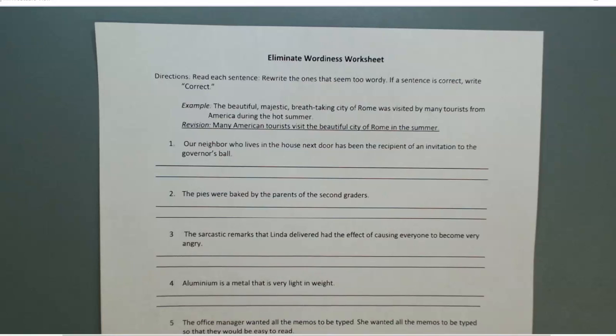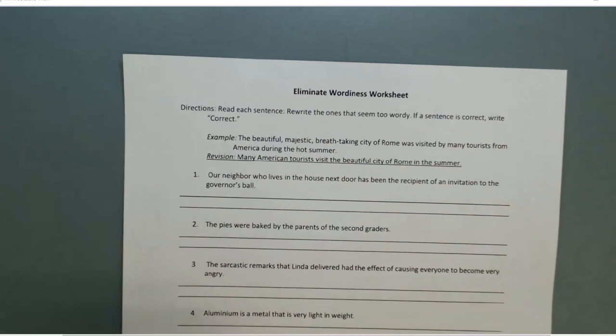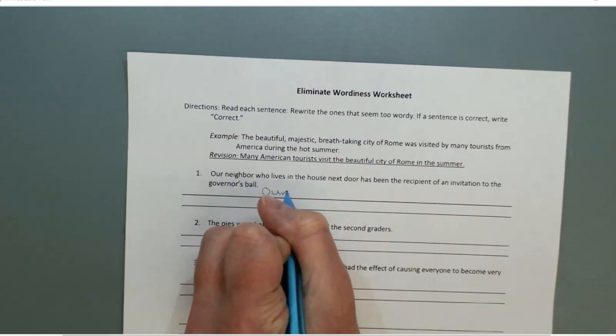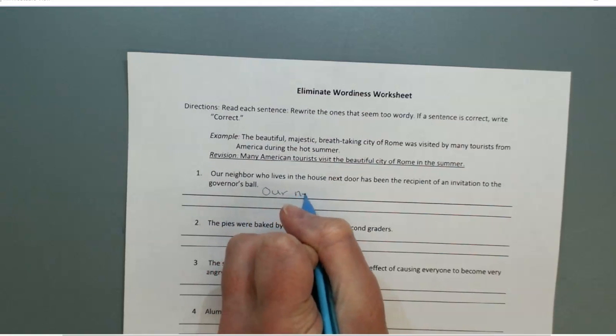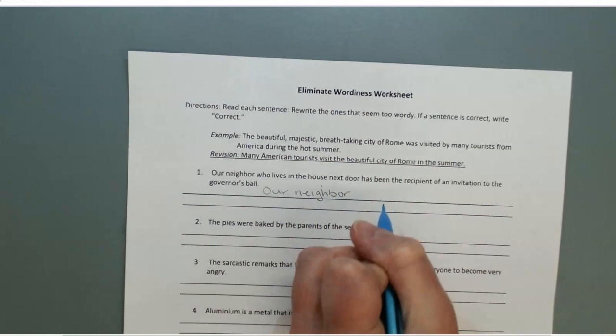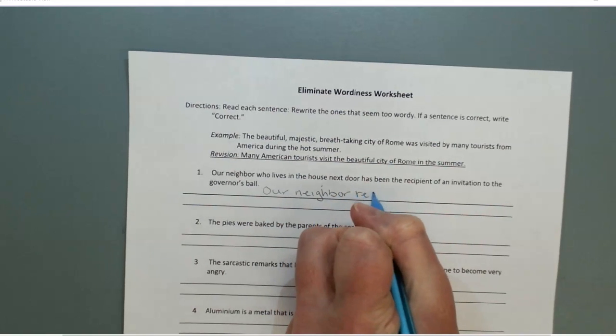So what do we do? Remember, a recipient is receiver of, so Izzy? Good. So it becomes our neighbor received.